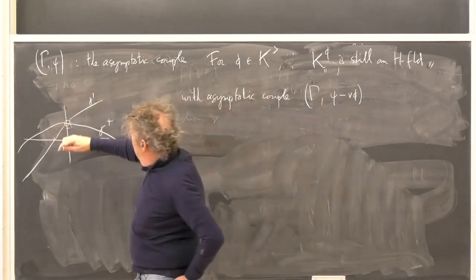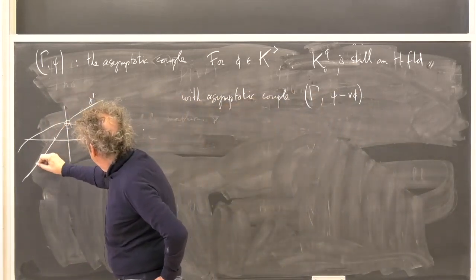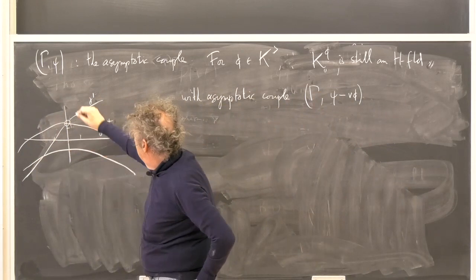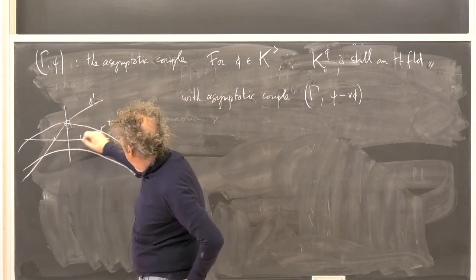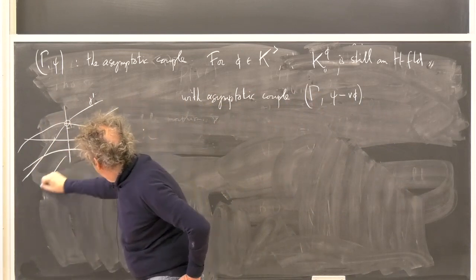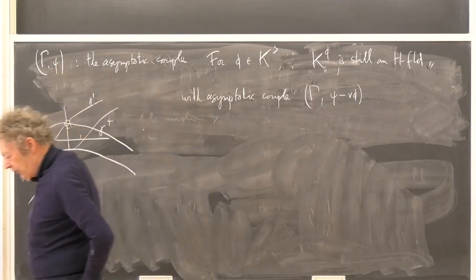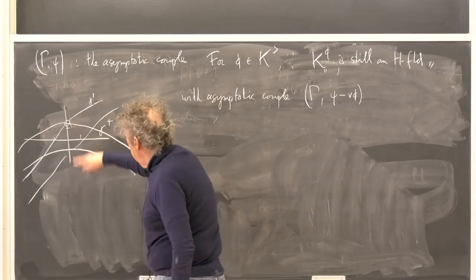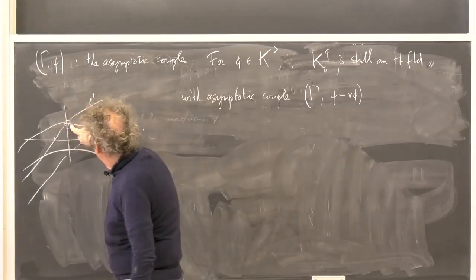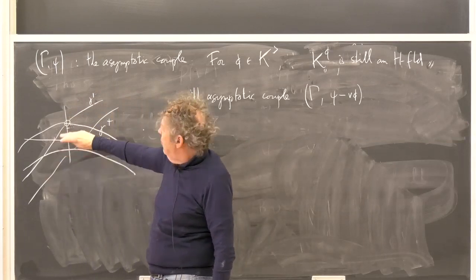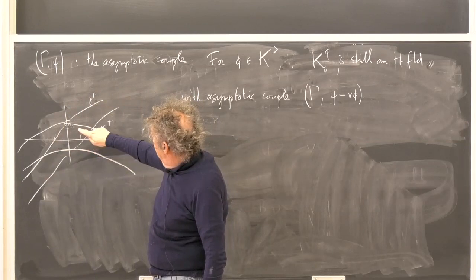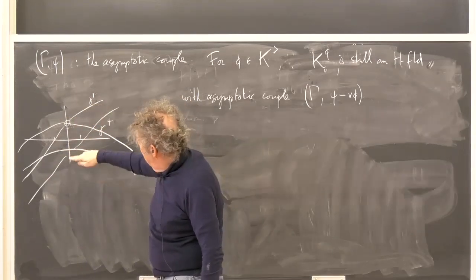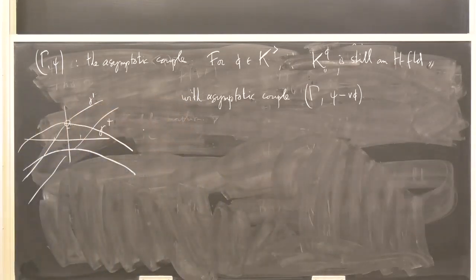The new asymptotic couple's psi function might be shifted like that, and of course the derivative function is shifted likewise. So it's a vertical shift up or down depending on phi, and you can shift to any place you like. In the picture that I originally drew, you have asymptotic integration because for gamma positive, gamma prime is even more positive. But once you shift down, you might not have this anymore.